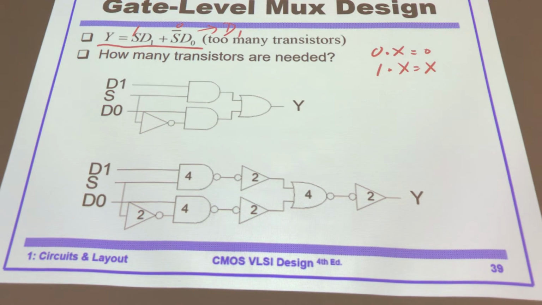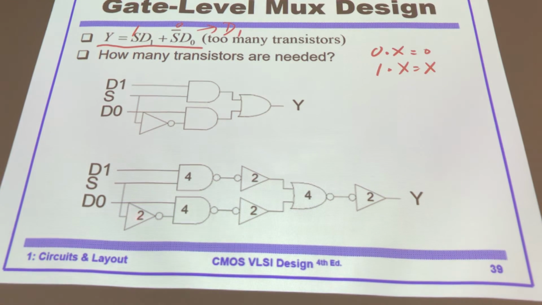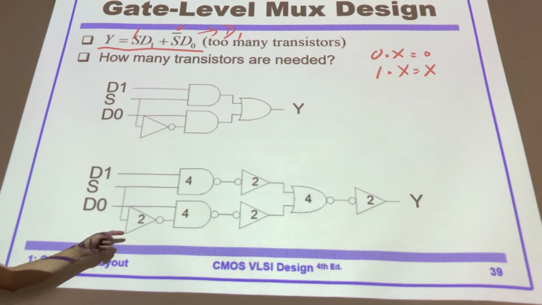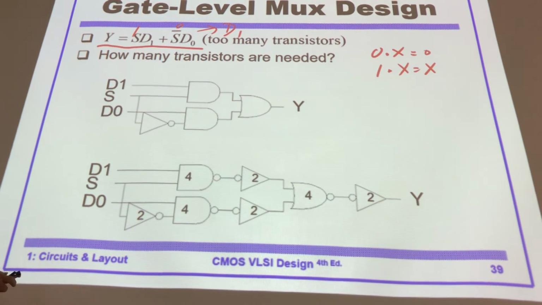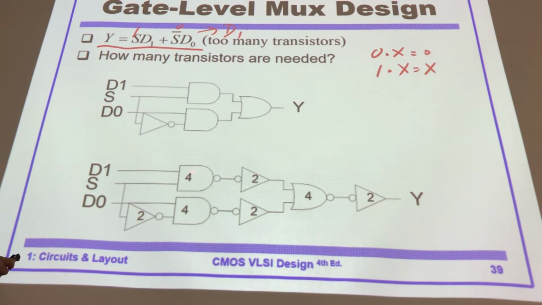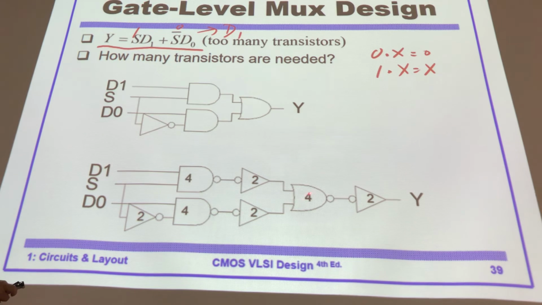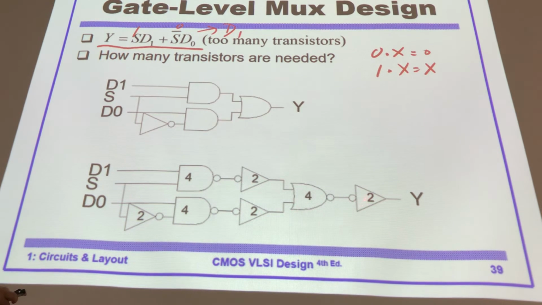And if you implement each gate with a static CMOS gate, then an inverter needs 2 transistors, PMOS and NMOS. A 2-input NAND gate, 4 transistors: 2 NMOS, 2 PMOS. Inverter again, 2 transistors. OR gate, 4 transistors. Inverter, 2 transistors.